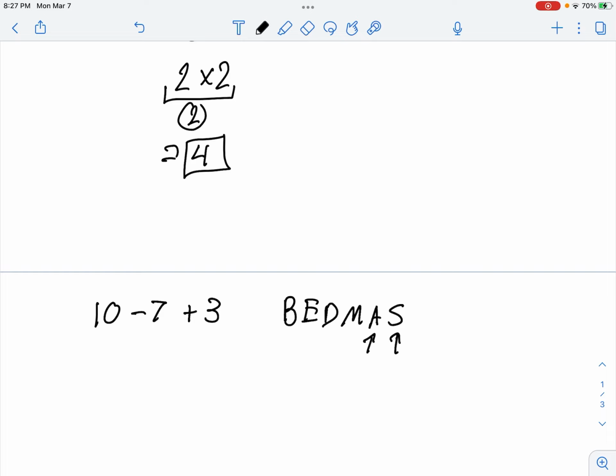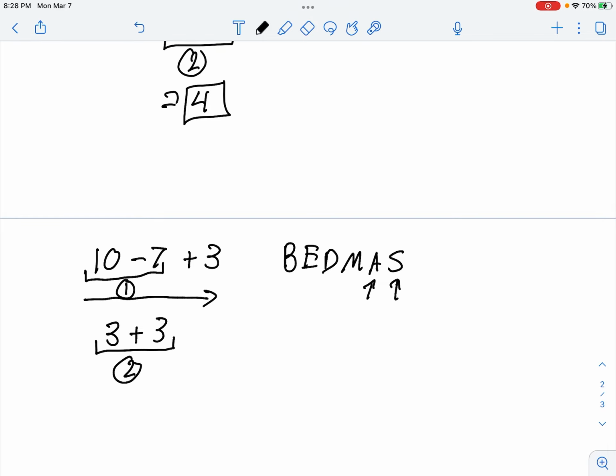But because both addition and subtraction are appearing at the same time, we don't have to do addition first. What we're going to be doing instead is going based off which operation shows up first on the left. So in this case, since subtraction between 10 and 7 shows up first, we do that operation first. So we do 10 minus 7, which gets us 3, which leaves us with 3 plus 3. Then we do this operation second, and we get our answer of 6, like so.